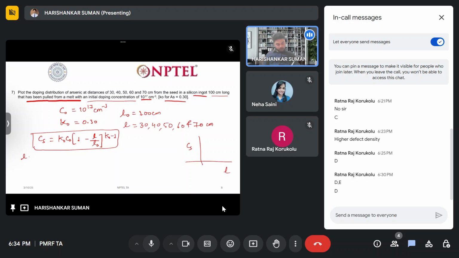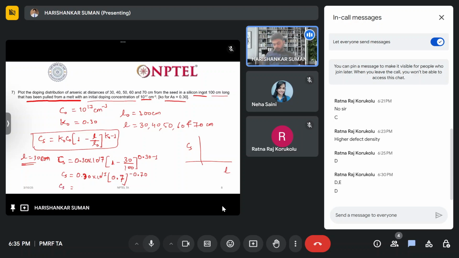Try to solve out CS. Let's say L is 30, I am calculating in centimeter, L naught is 100 centimeter. Okay, so please solve this.